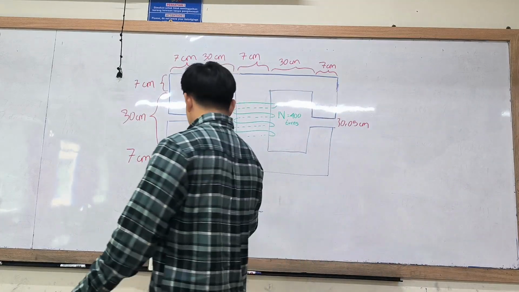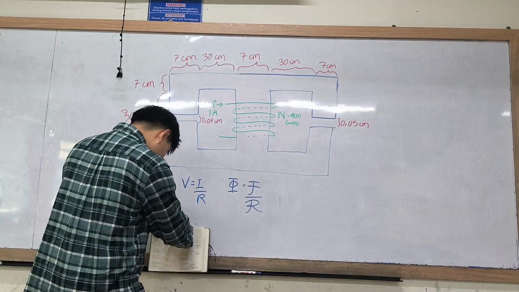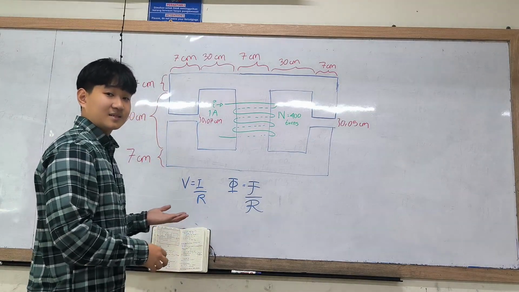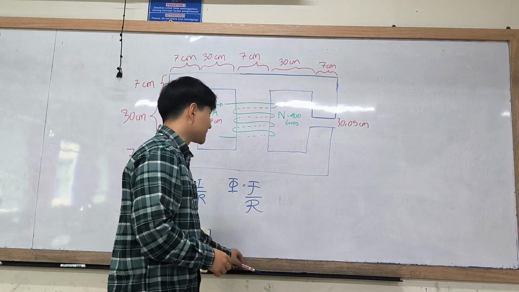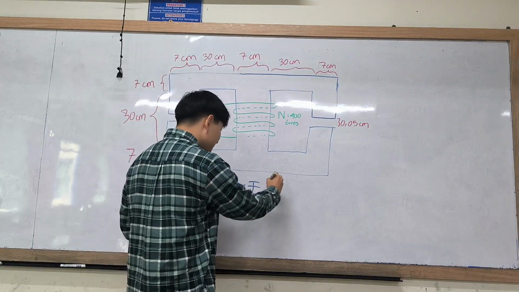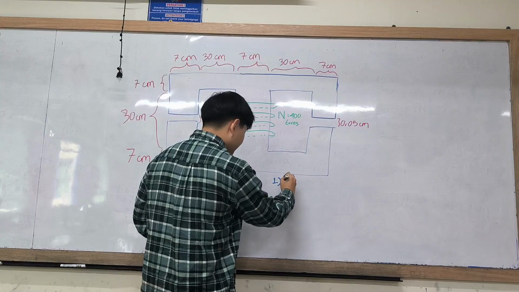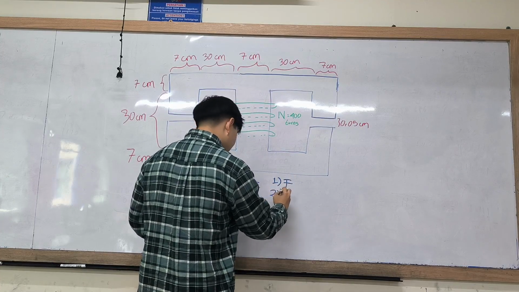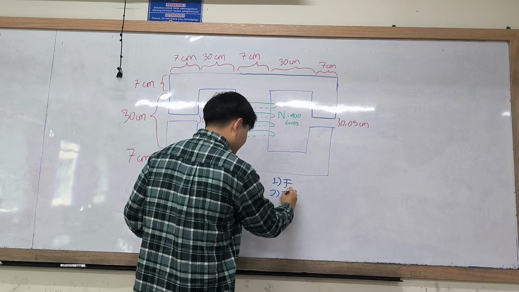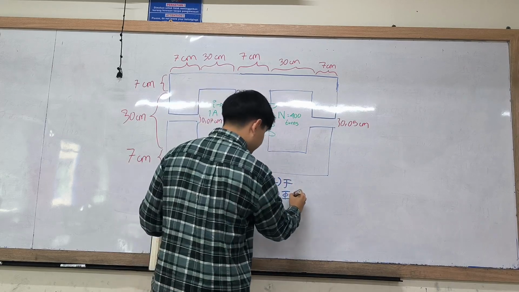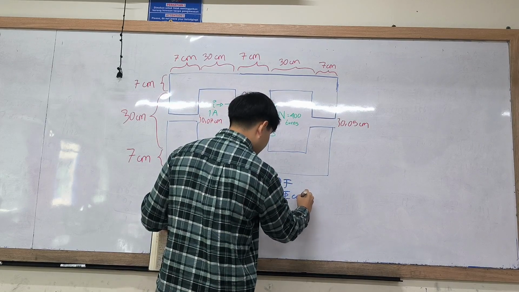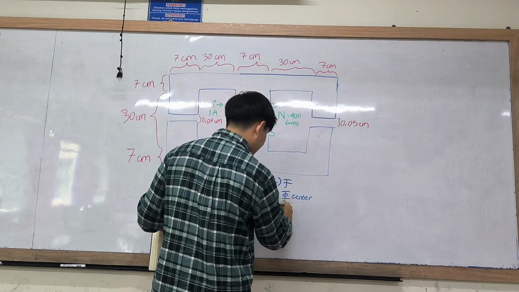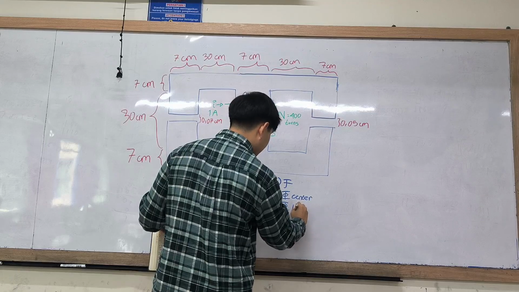So the goal of this circuit is to find some things. The first one is to find the magnetomotive force itself. The second is to find the magnetic flux of the center line. The third is to find the magnetic flux of the left leg.